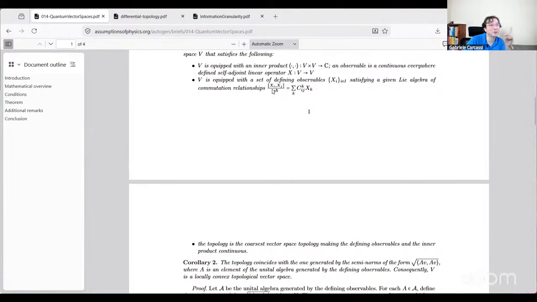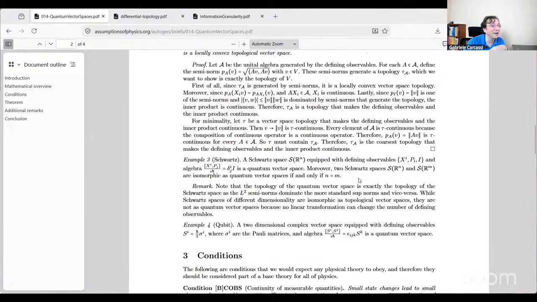And also x to the n has to be continuous because they're all continuous. Same thing, if p is continuous, then p to the n is continuous. And therefore, every monomial of x and p has to be continuous.